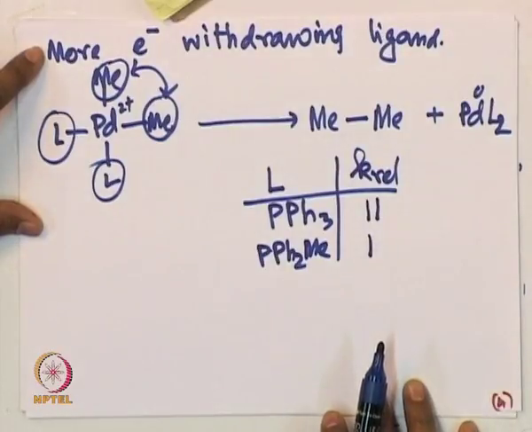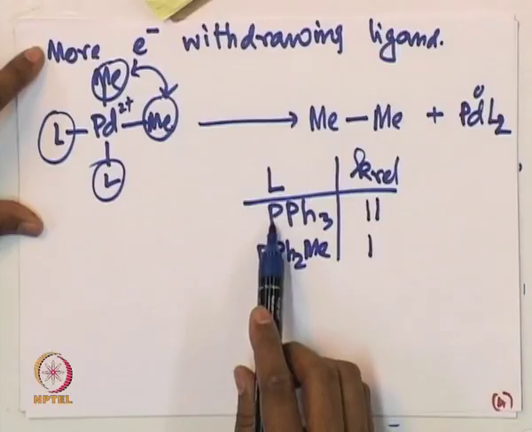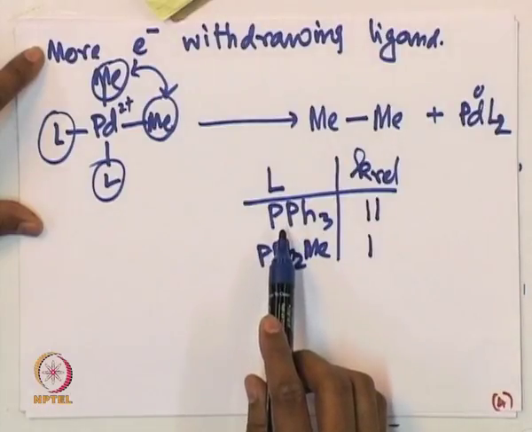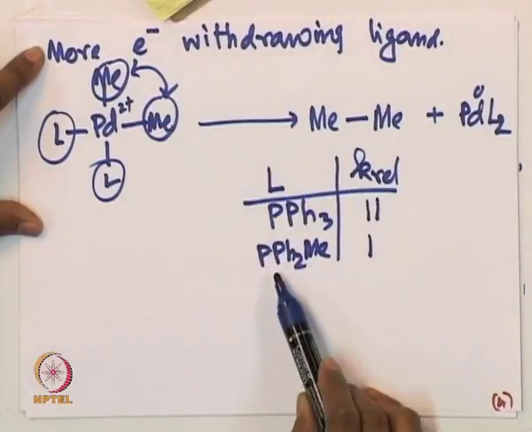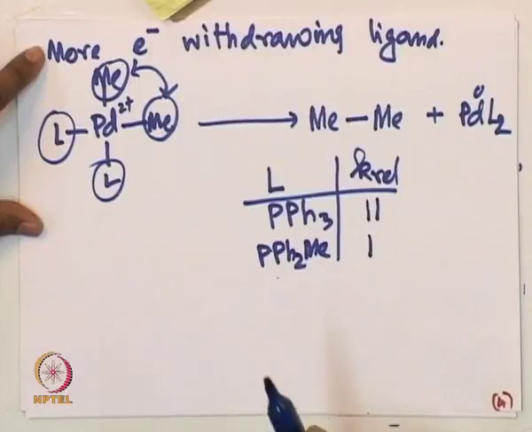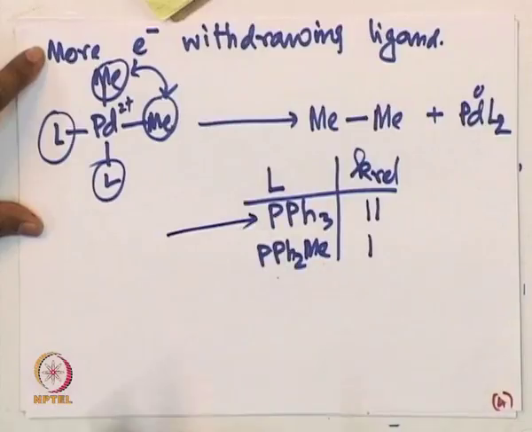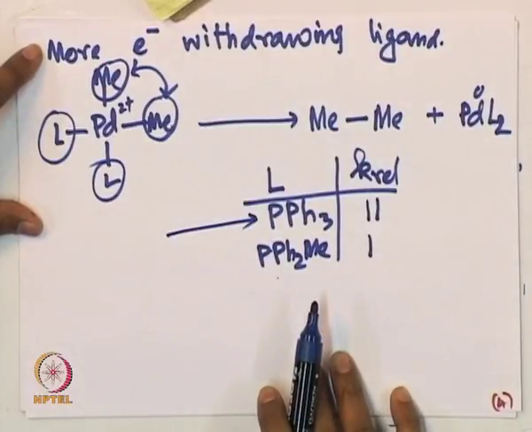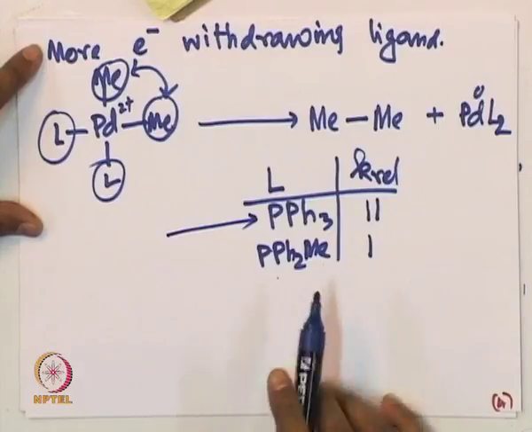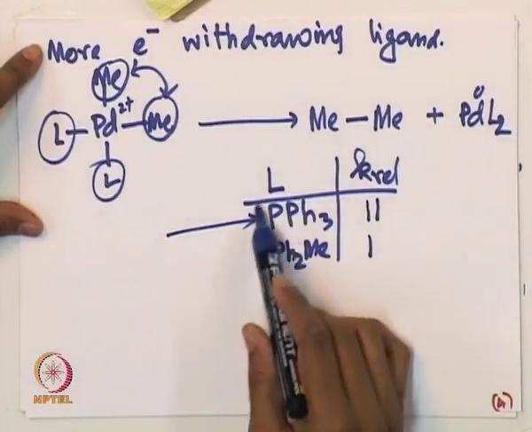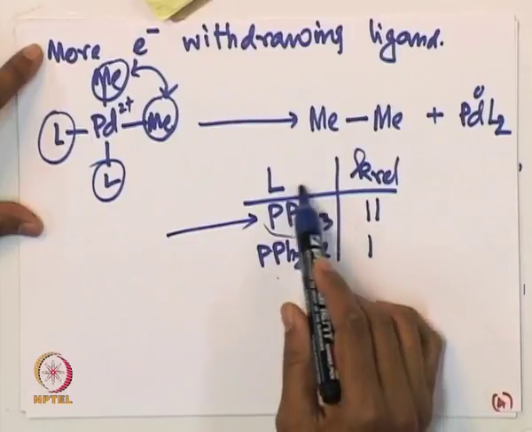Why is that? Simply, first of all, triphenyl phosphine is bulkier and diphenyl methyl phosphine is less bulky. So triphenyl phosphine will promote reductive elimination faster. That is fine. Number 2, of course, this is also going to be less electron rich.